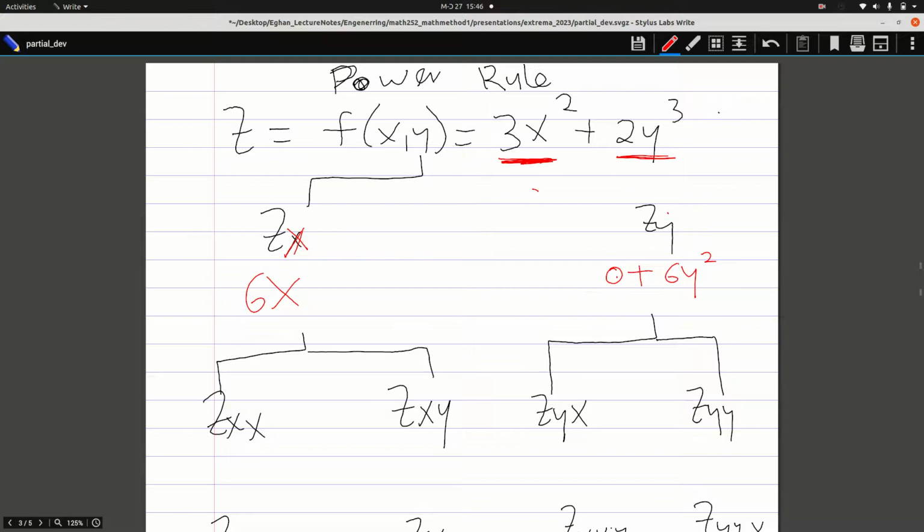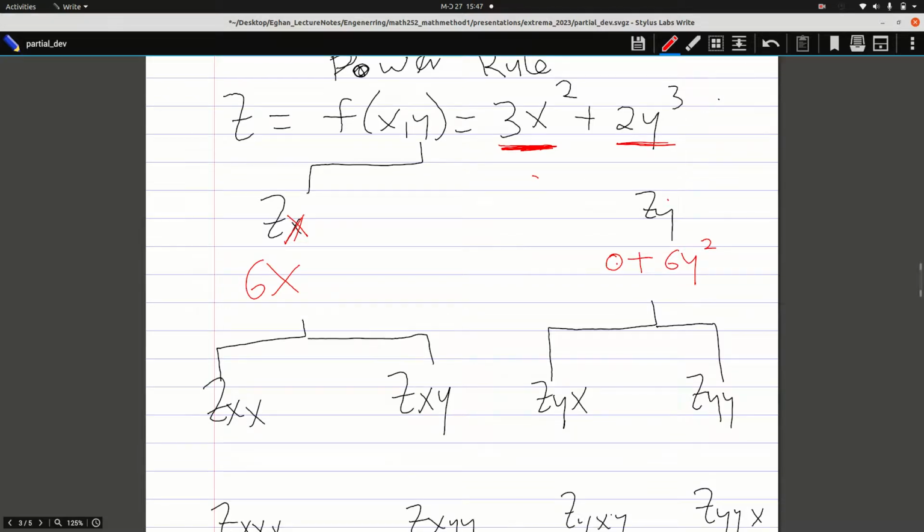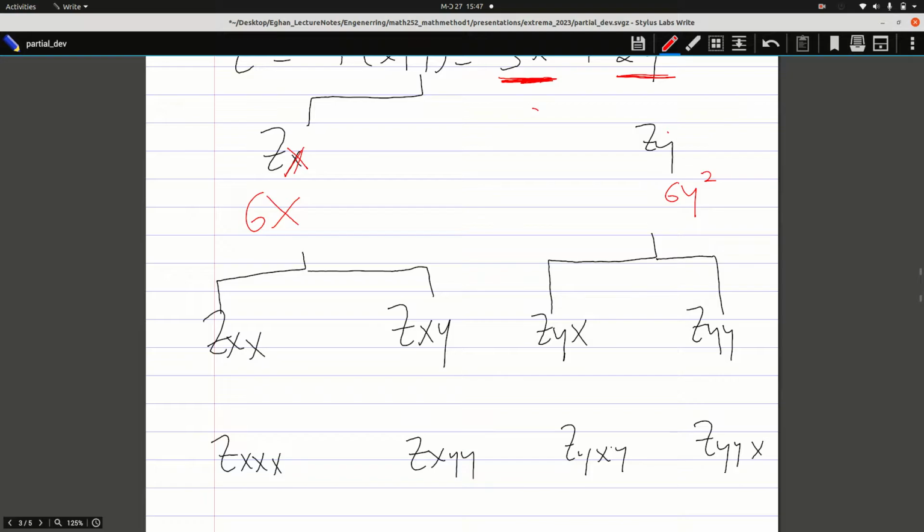The next term does not have any x part, so I can do away with the zeros. This is the first partial derivative.